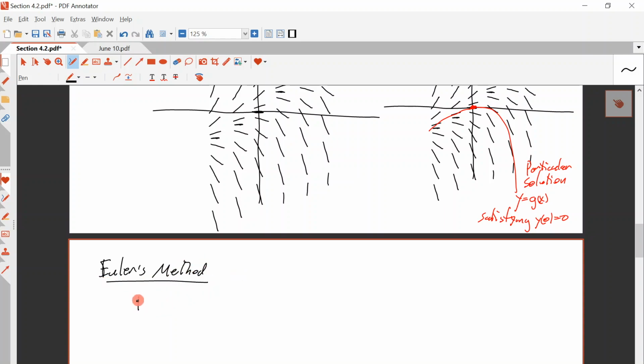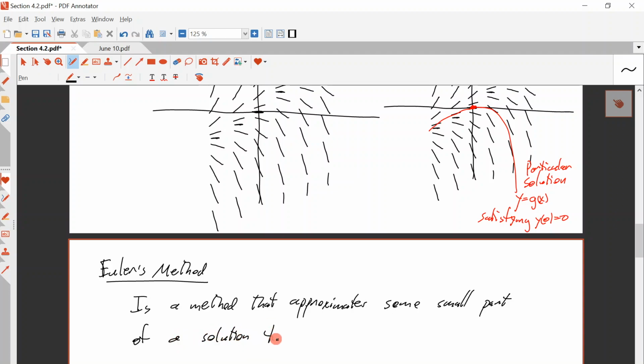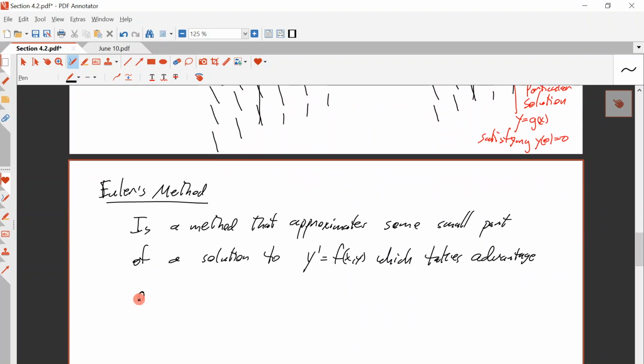Okay, so this is a method that approximates some small part of a solution to y prime equals f(x, y), which takes advantage of the slopes given by this differential equation.